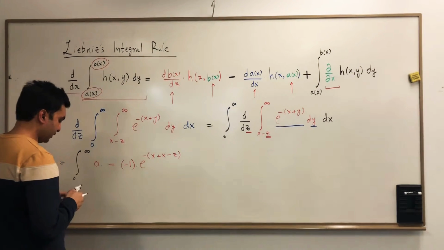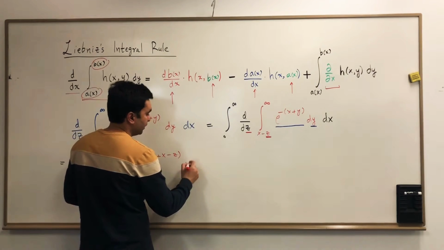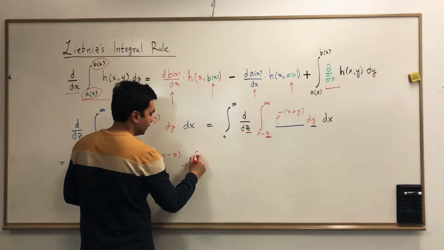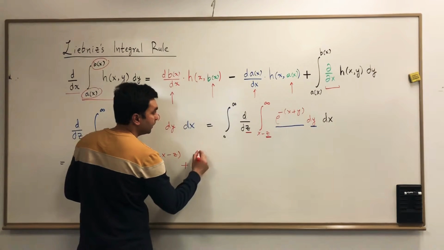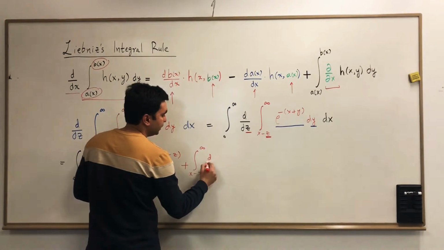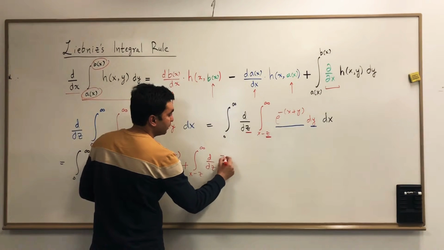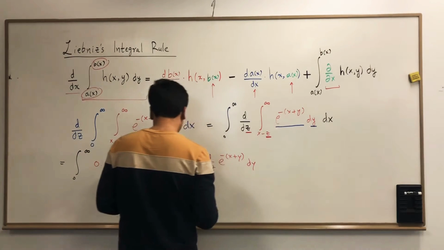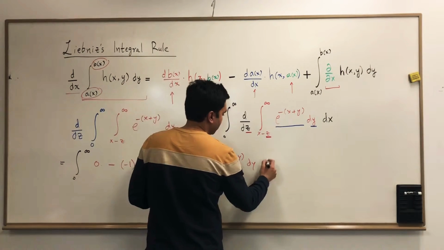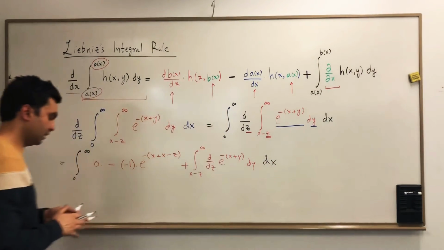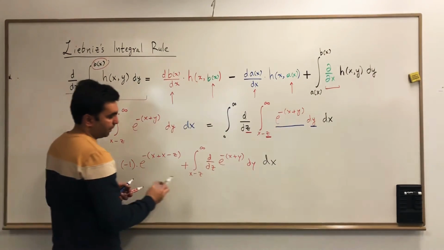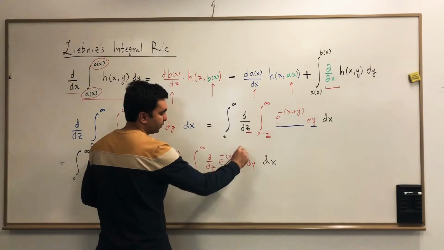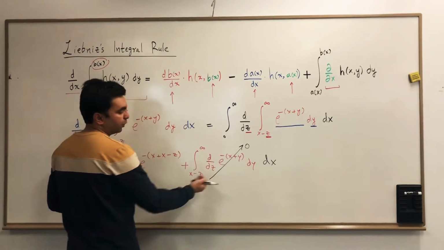Now the third term is, you take the derivative inside. So the integral is as it is, x minus z to infinity d over dz of e to the negative x plus y dy, and then dx for the outer integral. And notice that the derivative with respect to z of this function of x and y is 0 because there's no variable z here.